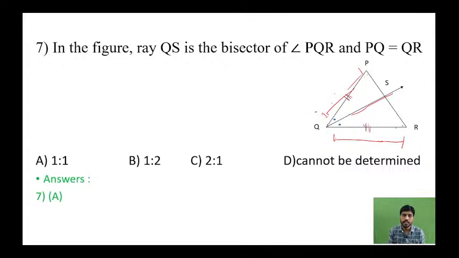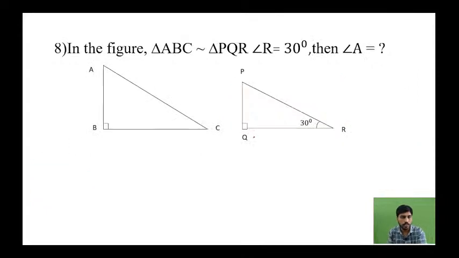So obviously this ratio is going to be 1 to 1. For example, suppose this is length x and this is also length x. So PQ upon QR will be equal to x upon x, and as the lengths are the same, they will cancel with each other. So 1 upon 1 will be the answer. So 1 to 1 is the ratio.